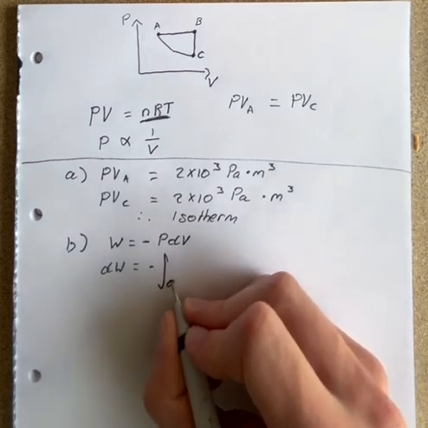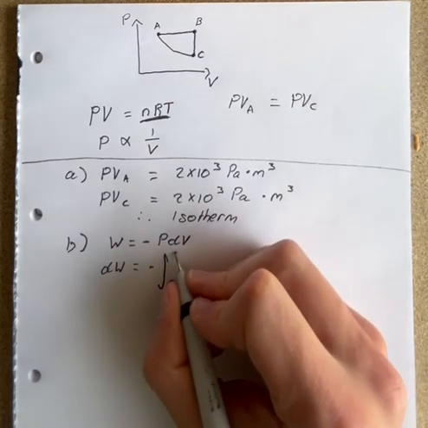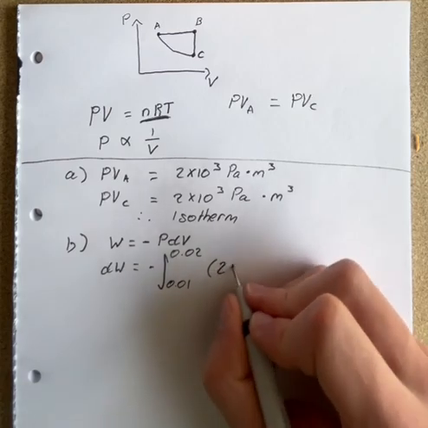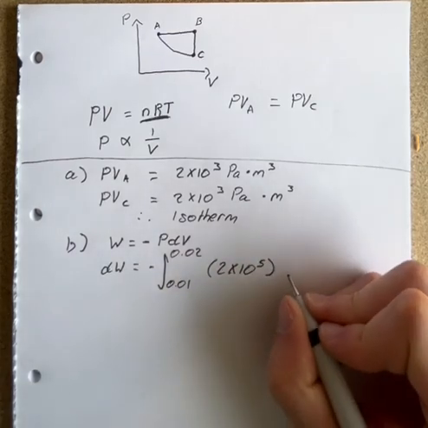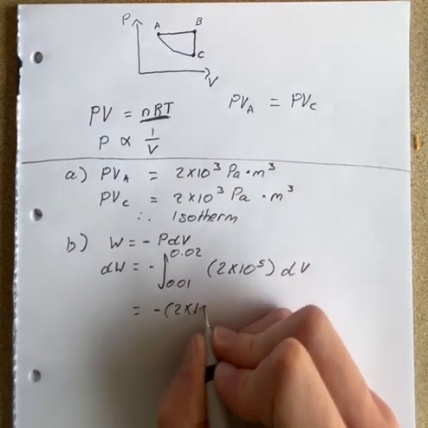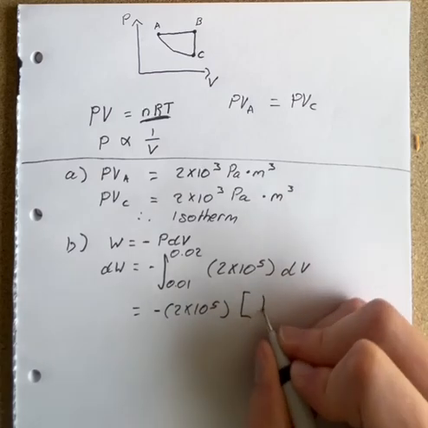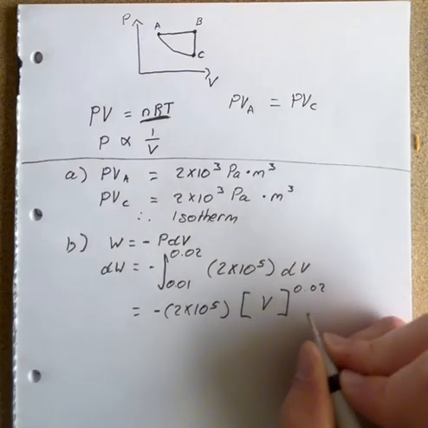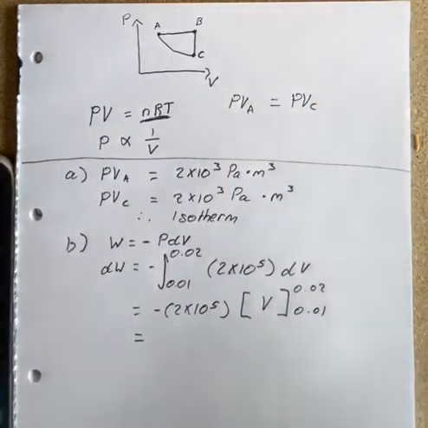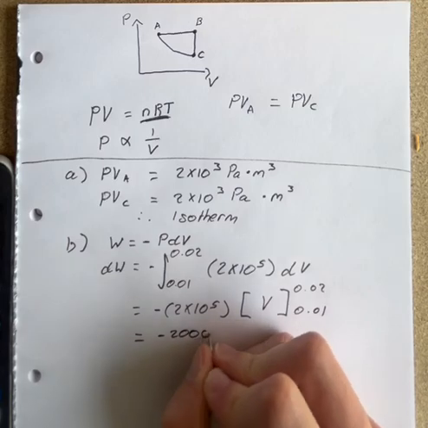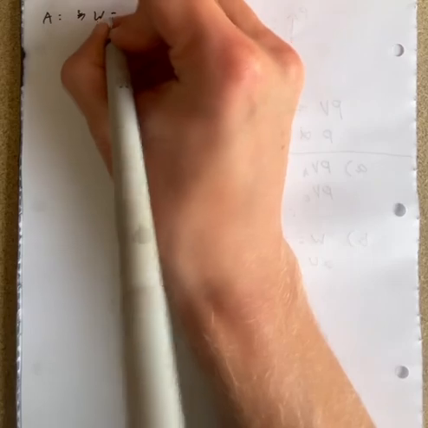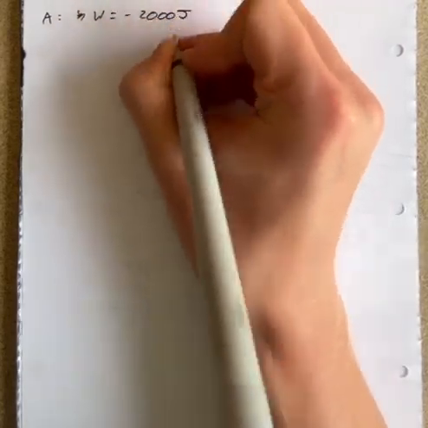That is 0.01 to 0.02 times the pressure, which stays the same at 2 times 10 to the 5, dV. And if we type this into a calculator, we get minus 2000 joules. So for A, W equals minus 2000 joules.